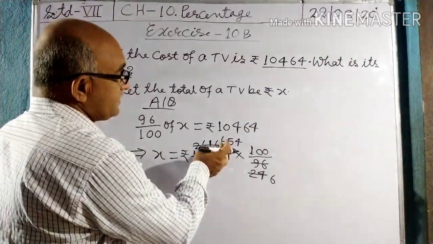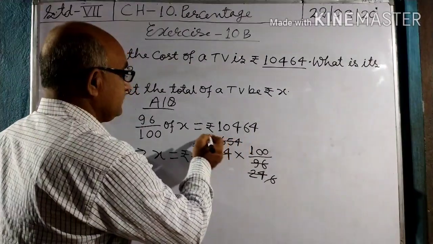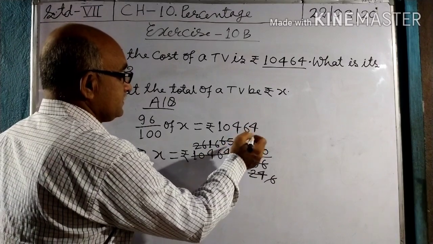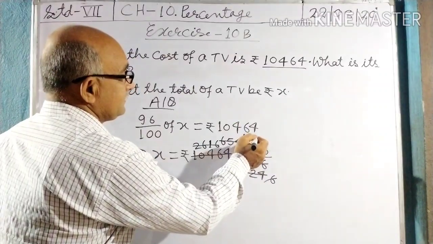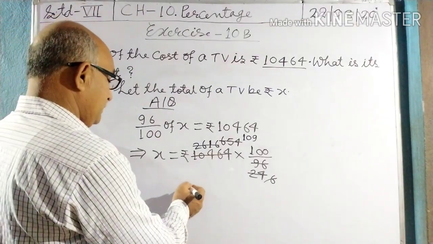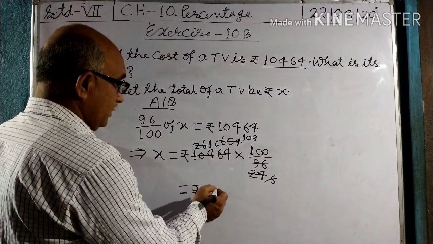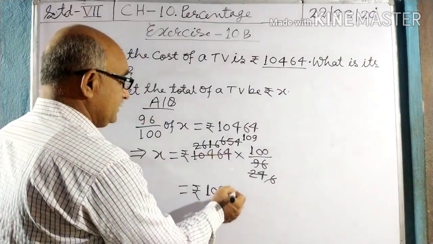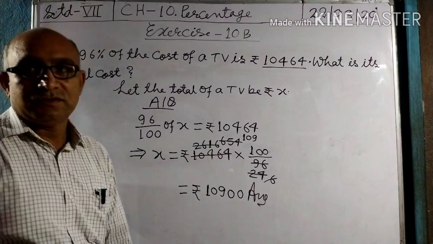So 6 times divided 6 times, 6 ones are 6, 0 and 6, 6 nines are 54, equal to rupees 109 multiply by 100, so 10,900. Answer of this question. Write it.